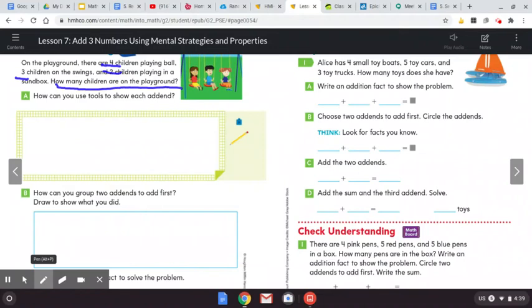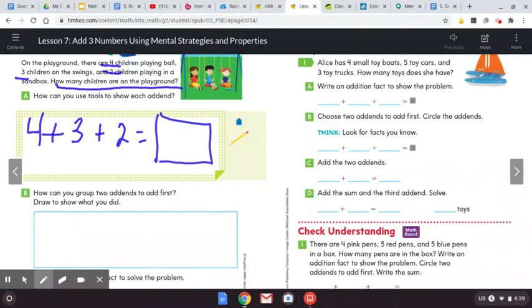So hopefully in your addition string of numbers, you're going to have 4 children playing ball, 3 children on the swings, and 2 children playing in the sandbox. Then you're going to solve to find your sum.